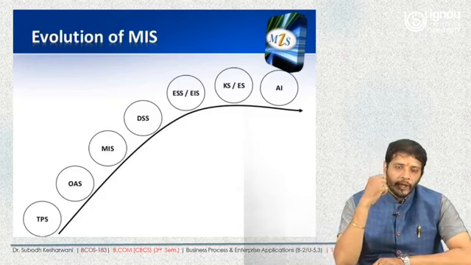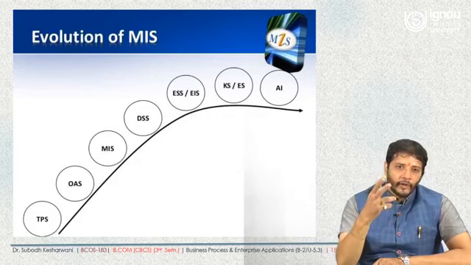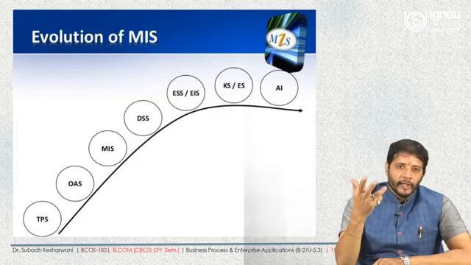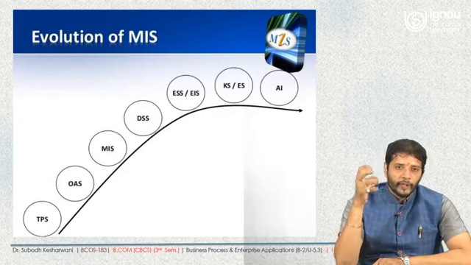The whole model is changing with the change of time, and when you are talking about artificial intelligence, you are talking about robotics and blockchain technology. Blockchain is a technology which was started by Satoshi Nakamoto, who was Japanese, and started to regulate bitcoins, which we usually call virtual currencies.